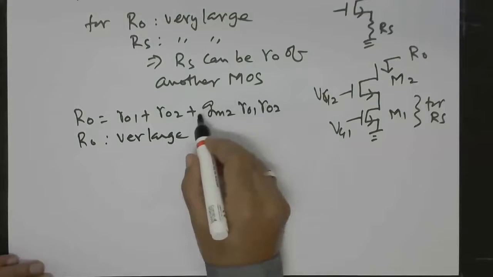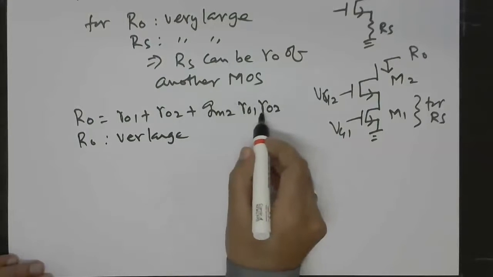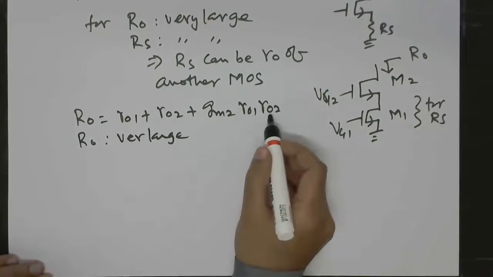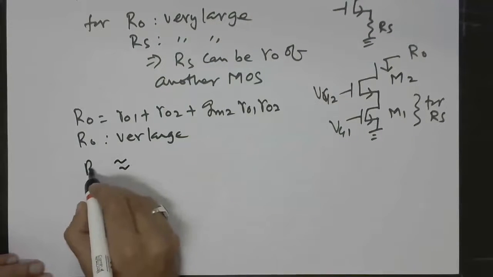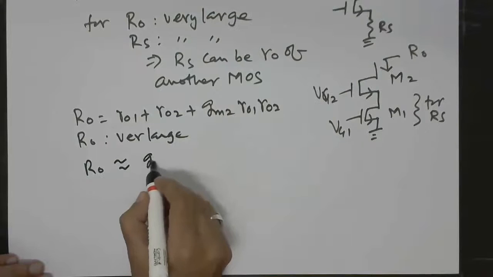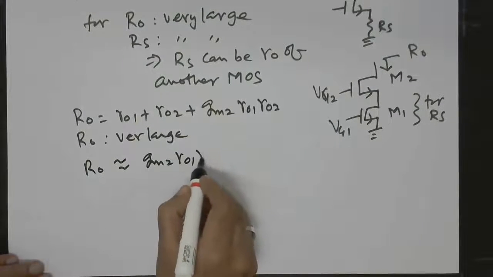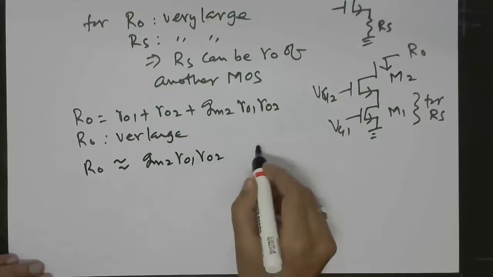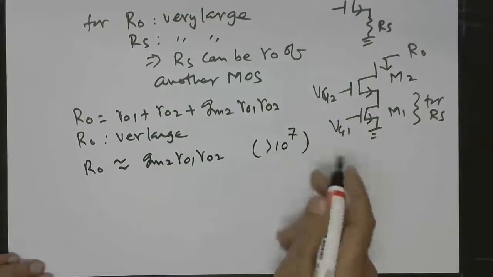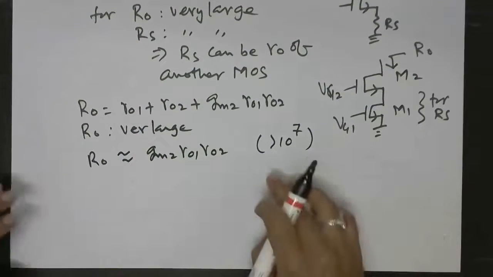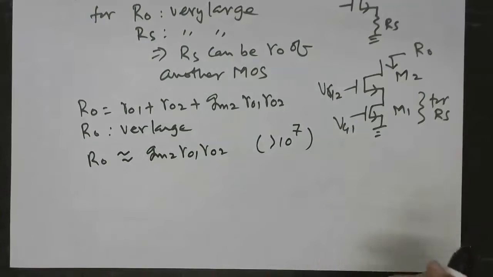So on the whole, this will be typically of order of 10 raised power 7 in the worst case. So this R0 can now be approximated as GM2, R01, R02, and this will be very rarely less than order of 7. So it will be more than 7 order.